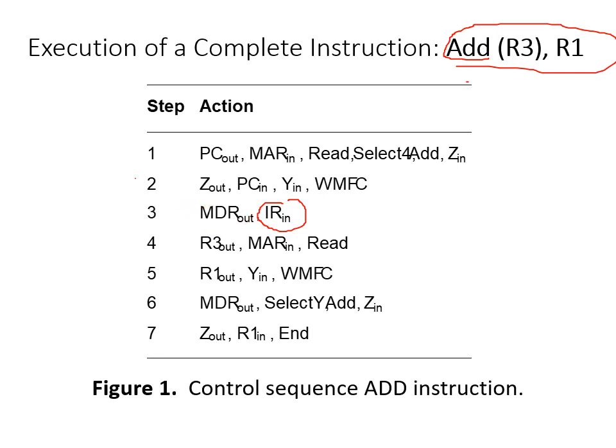So when I say at the 3rd clock cycle the processor has to execute IR in, what is actually IR in? What are these basic steps? What is MAR in, what is read, what is WMFC, what is Y in, what is R3 out? These are the small tasks the processor has to do with respect to its single bus or multiple bus organization. Okay, so let me go to the second slide and I'll explain.